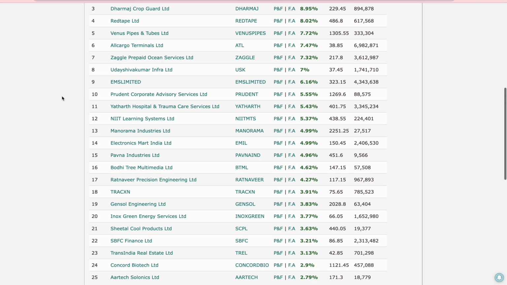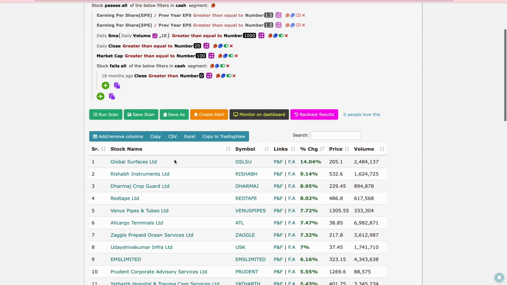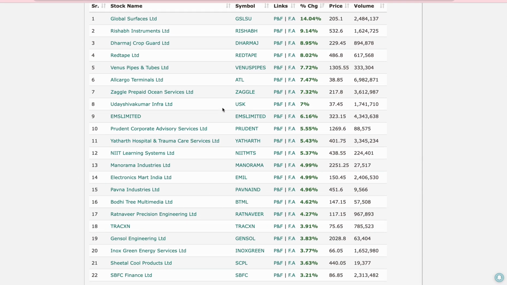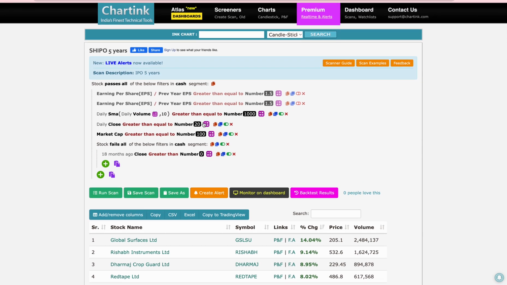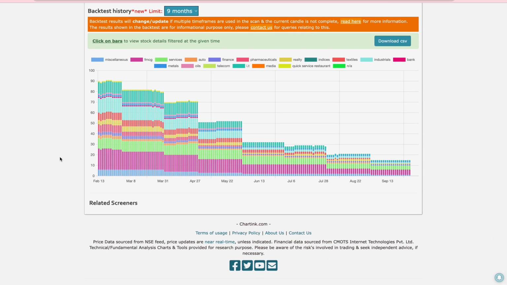If you run this, you will see that you have 133 stocks. Even better, if you want names which are less than 50 or less than 100 rupees, you can filter those, and things which do not have high volume you can also filter out. So this is how you can get your stocks.